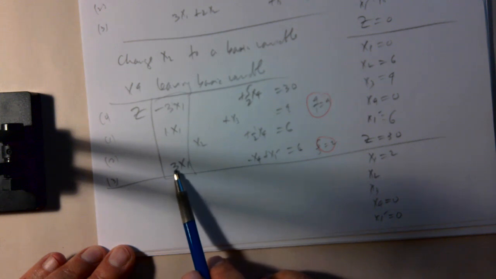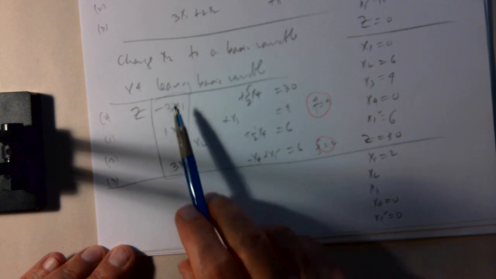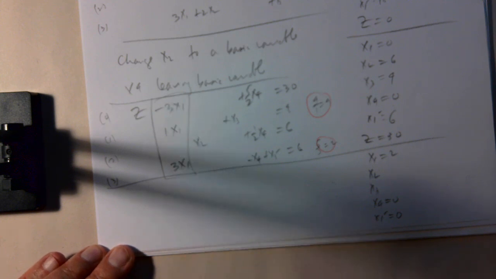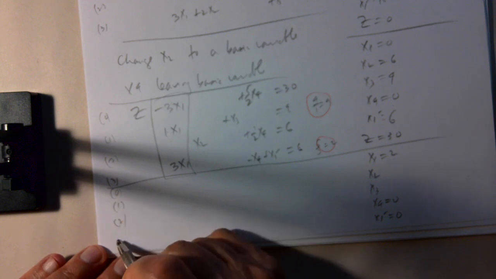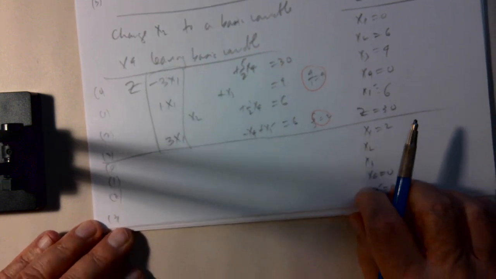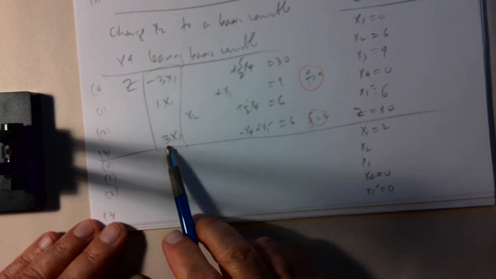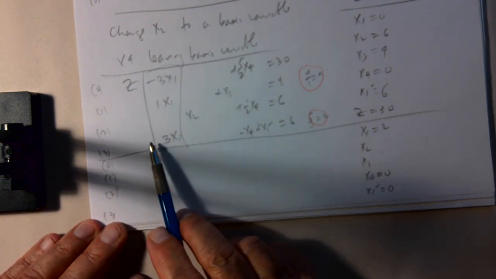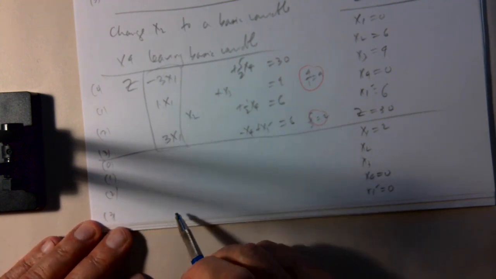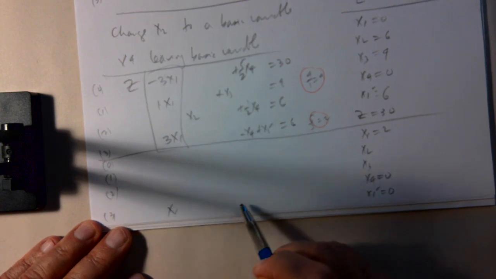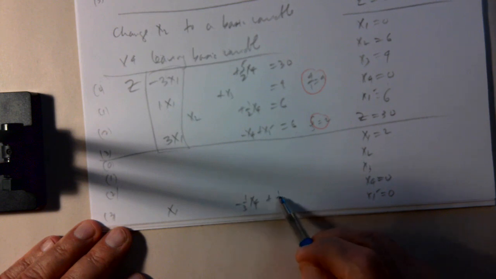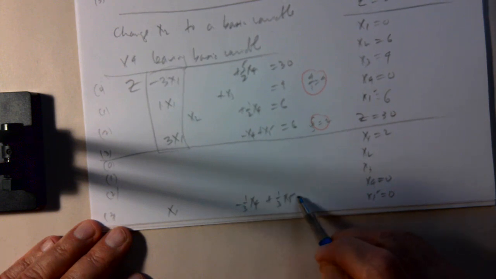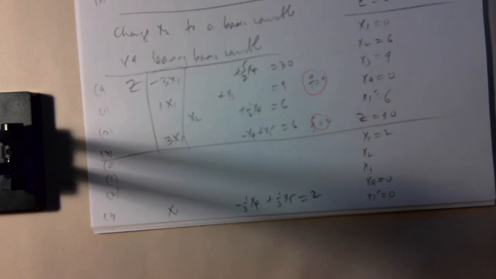So let me change this to a 1, and just using elementary row operations on equations, eliminate the x1s everywhere else in that column. So I have 0, 1, 2, 3. From this last equation, I want to have a 1 times x1, so I just multiply the equation by 1/3. I get x1 minus 1/3 x4 plus 1/3 x5 equals 2.